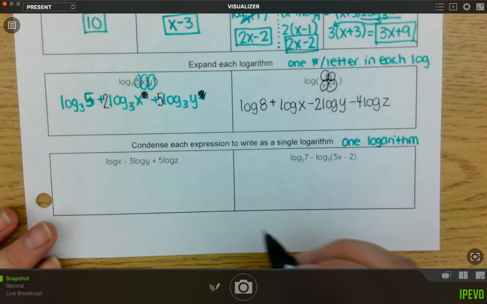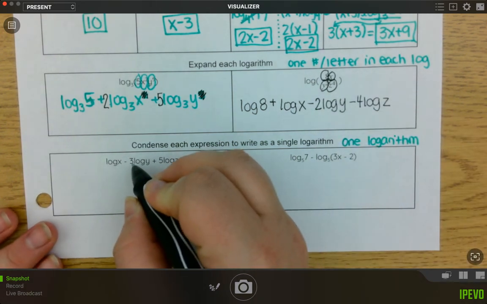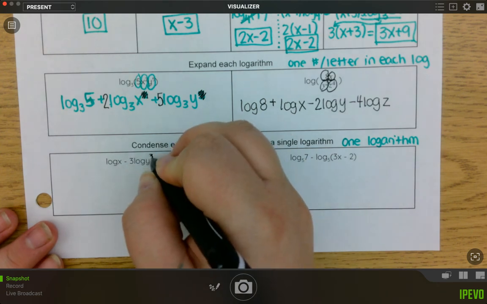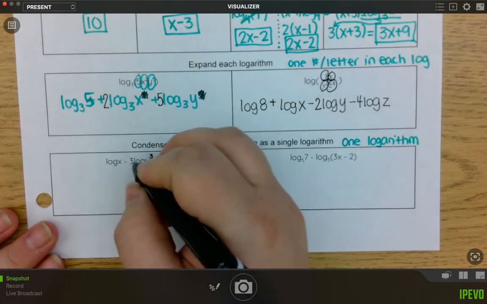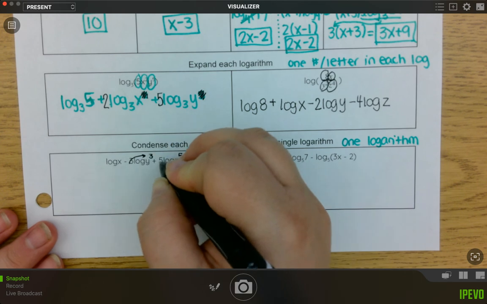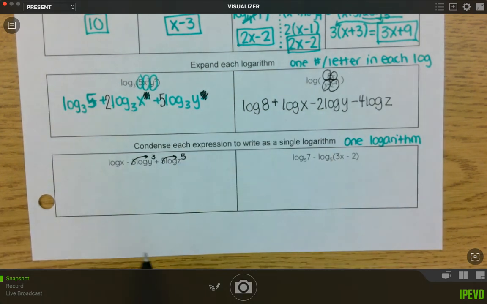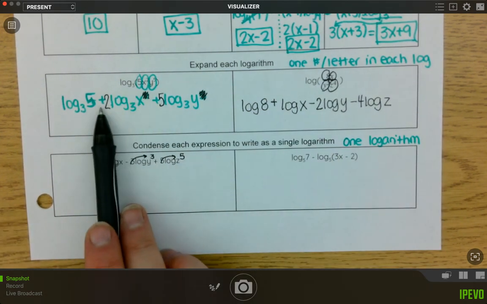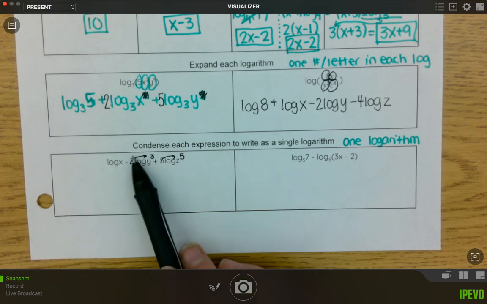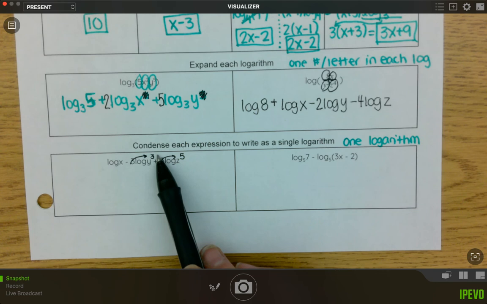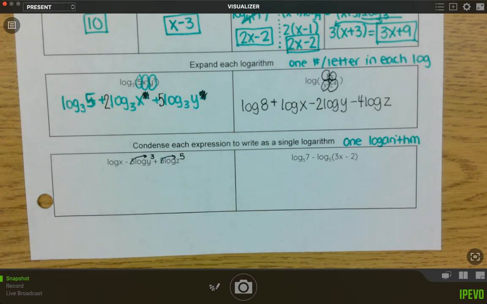Before I move pieces, I'm going to take my powers and put them back as exponents instead of out front. So when you're expanding, you take the powers and put them out front. When you're condensing, you want everything to go inside, so you take those powers and put them back on the inside.